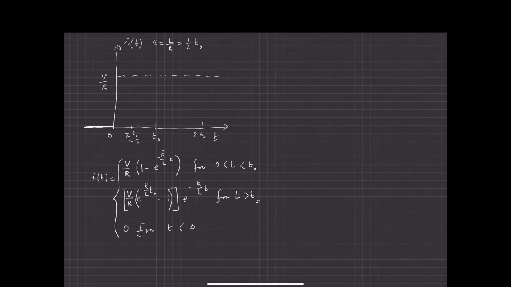And how does it want to go? It goes as 1 minus an exponential function. We also know that at t equals tau, it's gotten to 63.2% of its final value, which is 0.632.